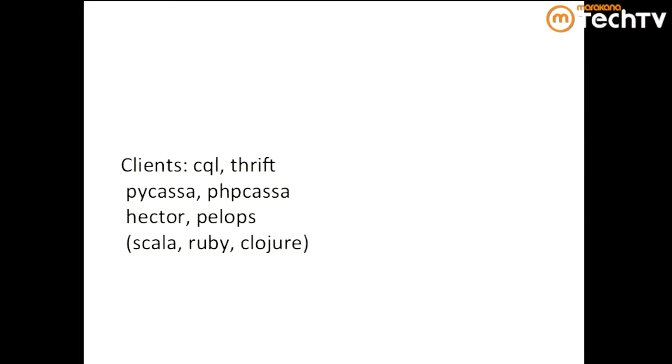So in number of clients, Java clients, it is Hector. Pelops is a simple, get-your-hands-dirty-quickly client, so you can go and roll your own quick Cassandra client.